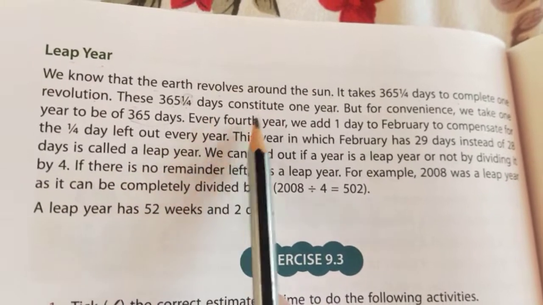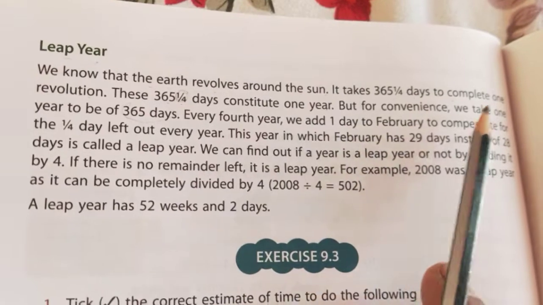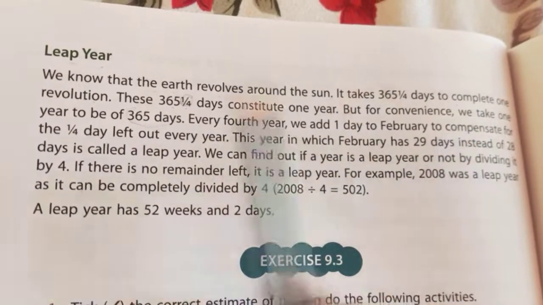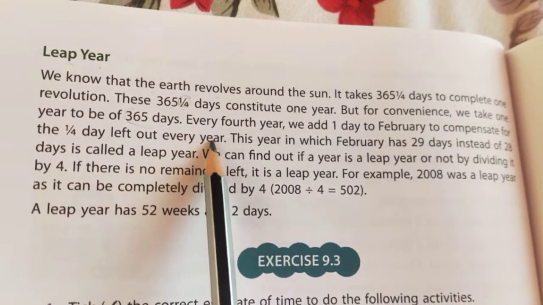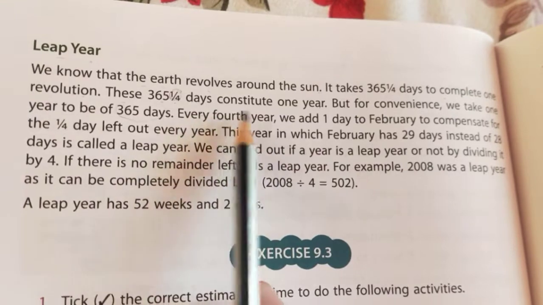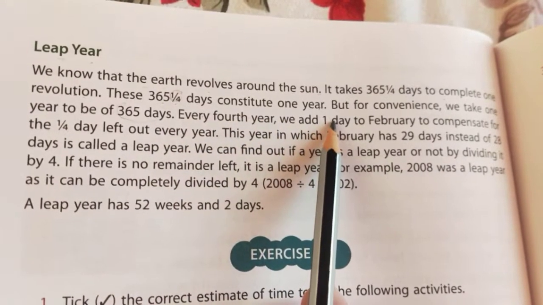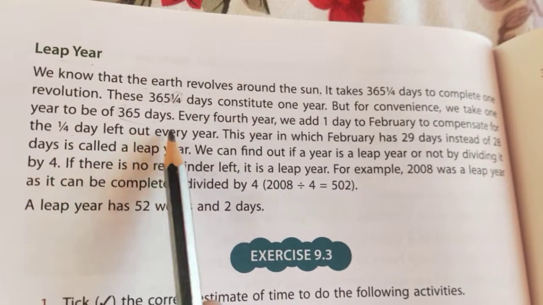After every 4th year we add 1 day to February to compensate for the 1/4 day left out every year.